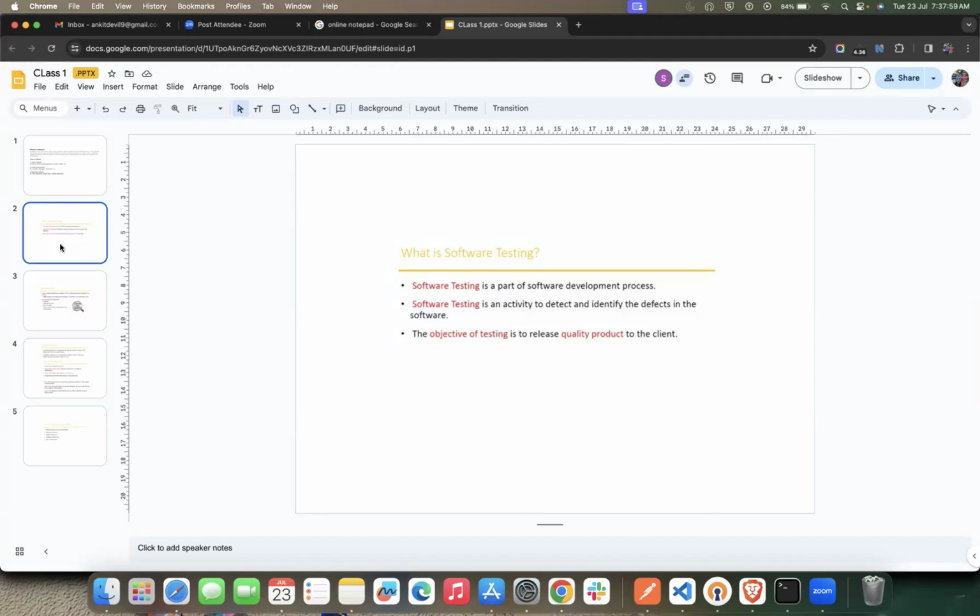Okay, so that's quite correct. As you correctly mentioned, software testing is part of the software development process itself. And what software testing does is detect and identify any defects in the software.